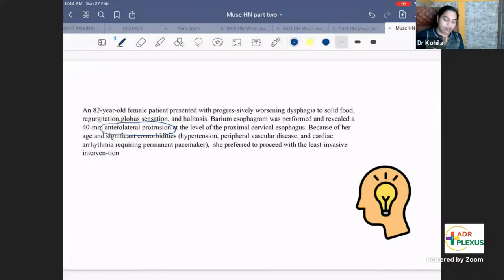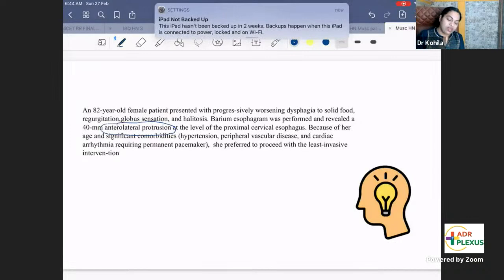Because of her age and significant comorbidities, hypertension, peripheral vascular disease, cardiac arrhythmia requiring permanent pacemaker, she preferred to proceed with the least invasive intervention.